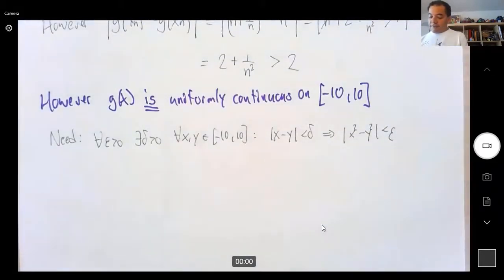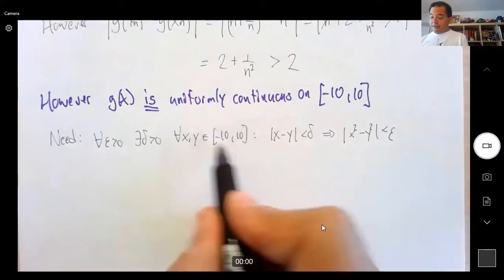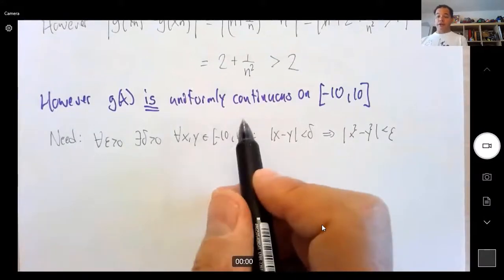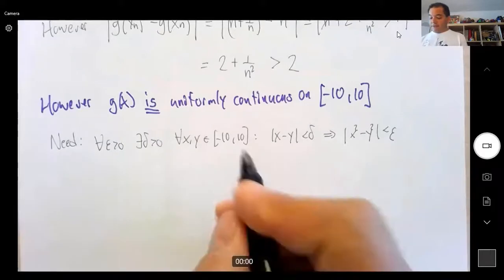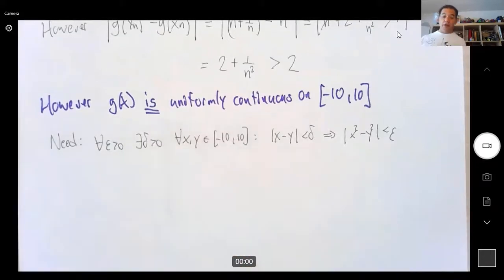And the thing that's going to help me is that now this is bounded, just like what Justin was saying, right? Does it have to do anything with being bounded? Yeah, well, yes, the answer is yes, right? If this is bounded, then that will let me have the possibility that the delta that I need not be smaller and smaller and smaller, right? There's going to be a limit to that. And that's what I can exploit here, right?